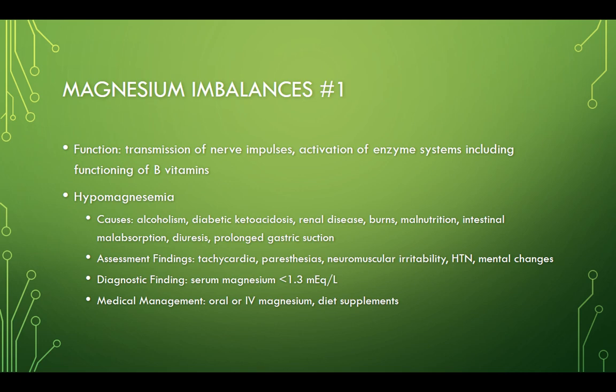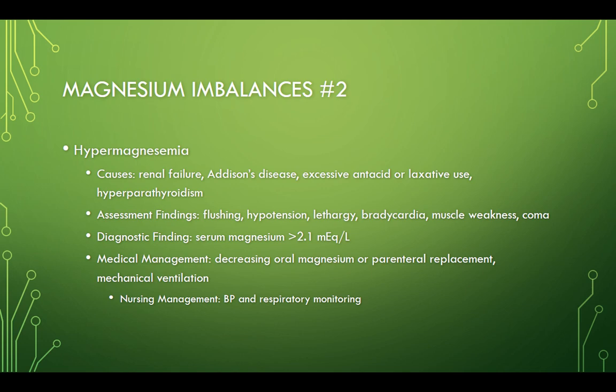Okay. So hypermagnesemia is caused by renal failure, Addison's disease, excessive antacid or laxative use, hyperparathyroidism. Flushing, assessment findings: hypotension, lethargy, bradycardia, muscle weakness, coma. So, I mean, it can get quite serious.